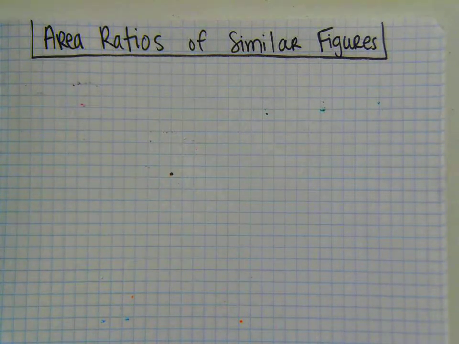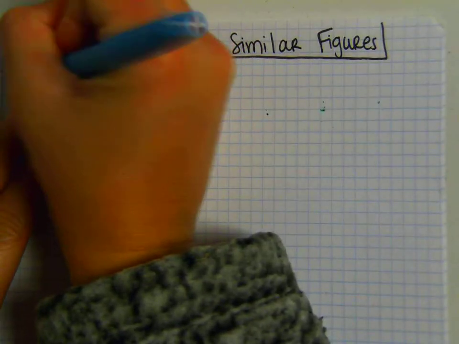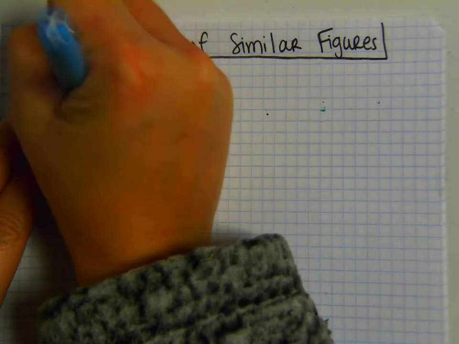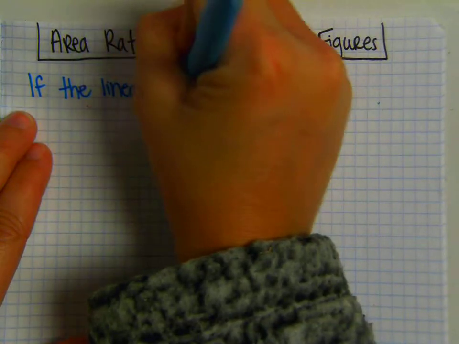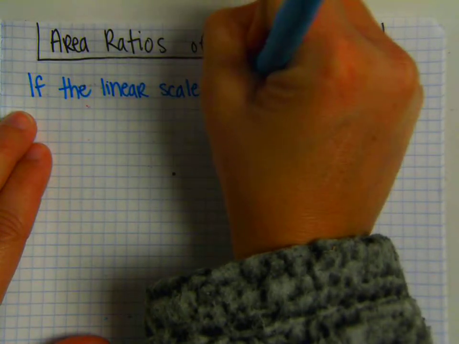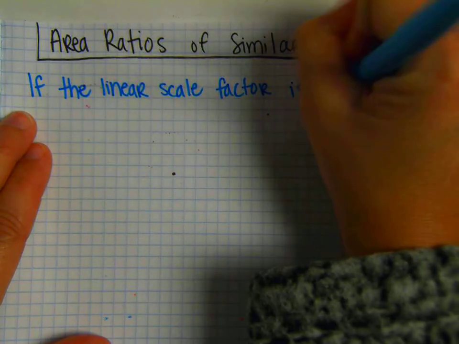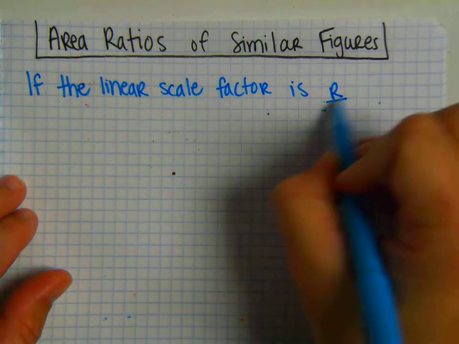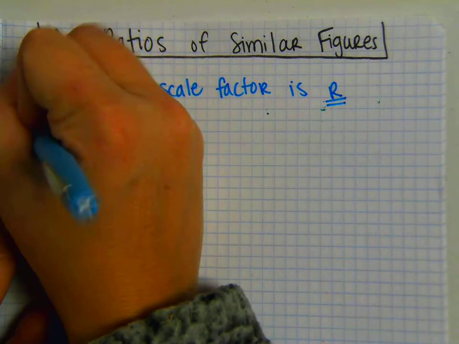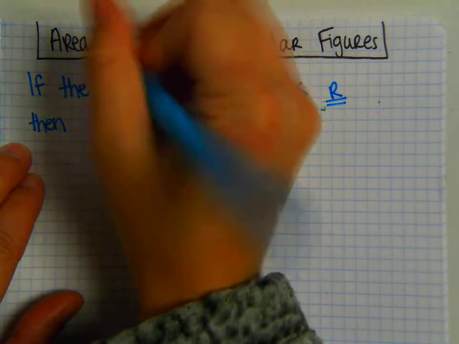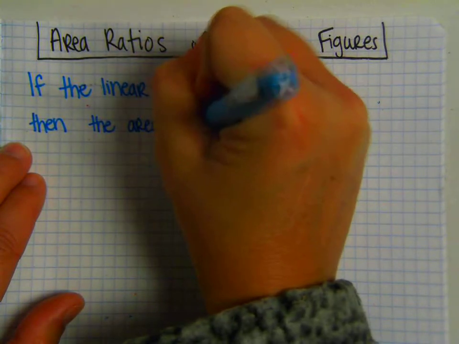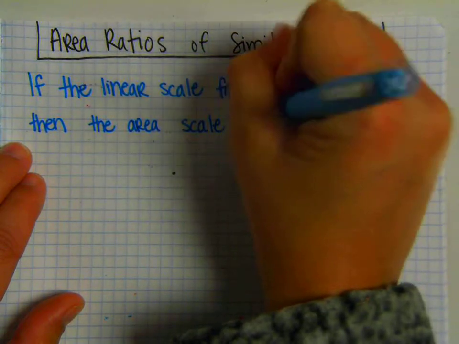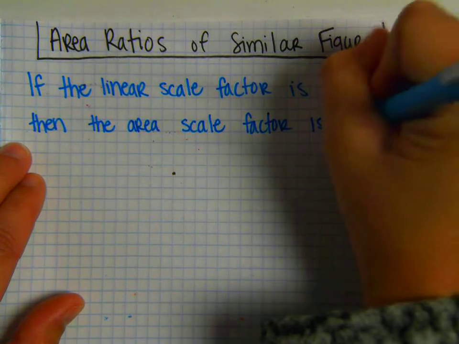So, as you saw today, if a linear scale factor is R, then the area scale factor is R squared.